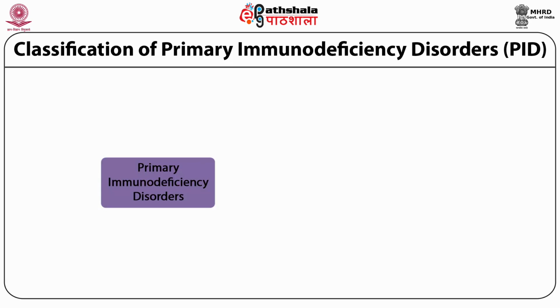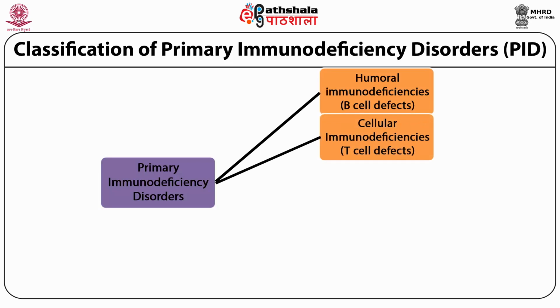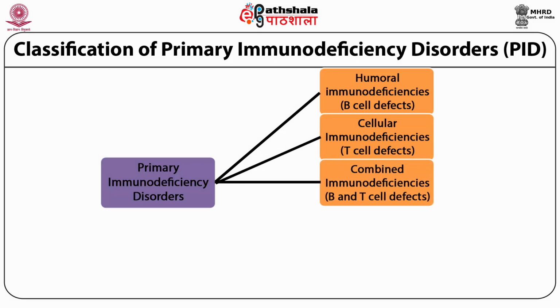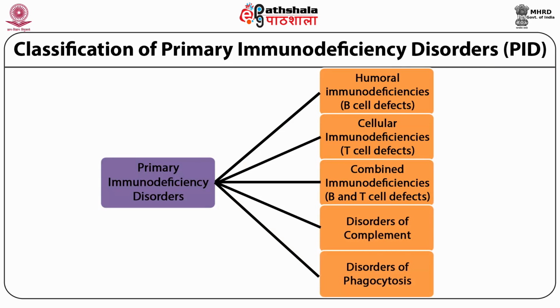The deficiencies could be due to impaired B cell system or impaired T cell system or cells of innate system. The primary immunodeficiencies are further classified as humoral immunodeficiencies, that is B cell defects, cellular immunodeficiencies, that is T cell defects, combined immunodeficiencies, that is B and T cell defects, disorders of complement system, and disorders of phagocytosis.